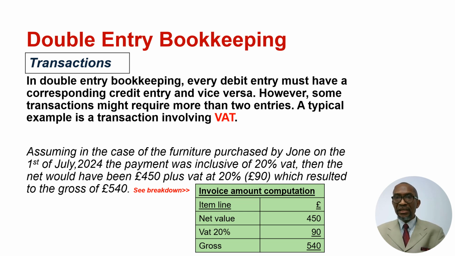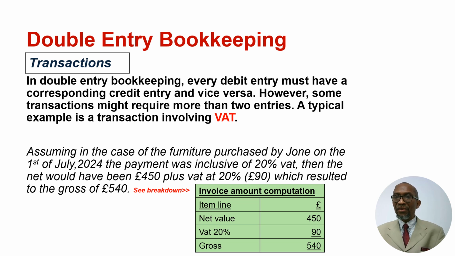Going on again, as I said, in double entry bookkeeping, every debit entry must have a corresponding credit entry and vice versa. However, some transactions might require more than 2 entries. A typical example is a transaction involving VAT.